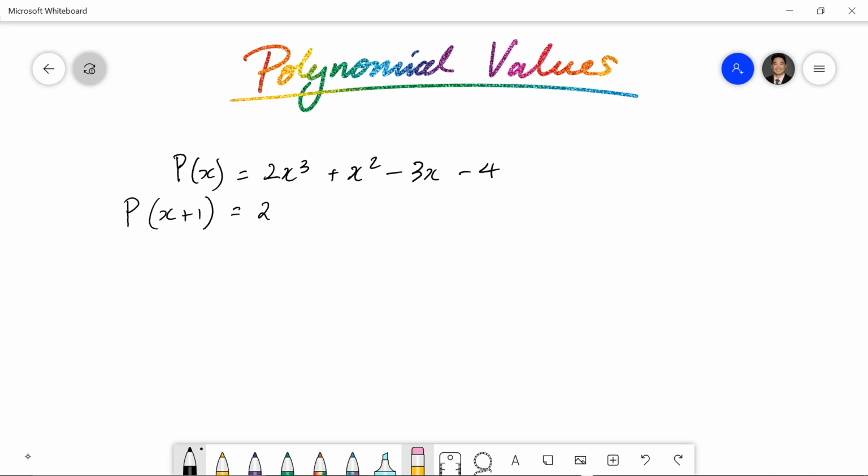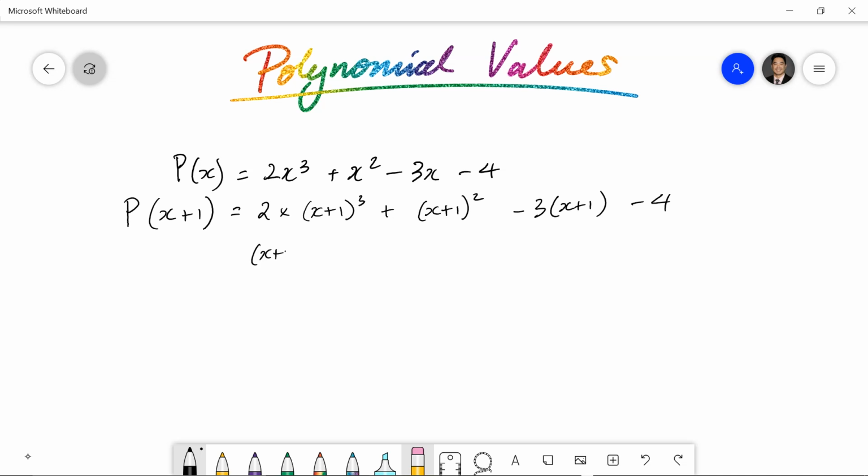So 2 times x plus 1 all cubed plus x plus 1 all squared minus 3 times x plus 1 minus 4. I'll just go from the beginning.